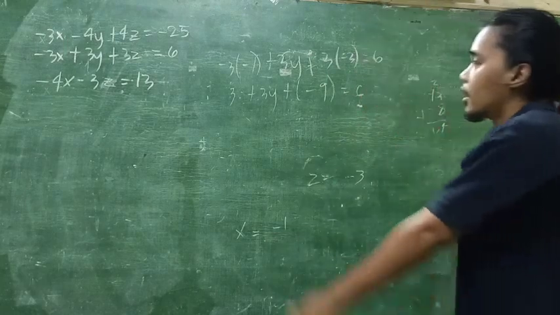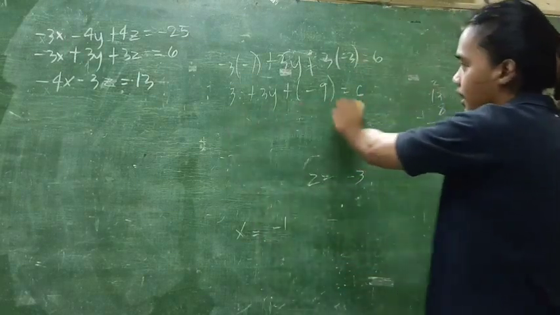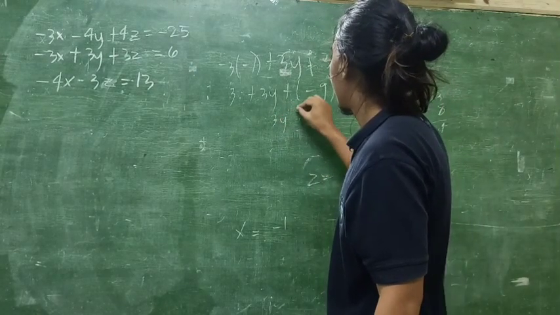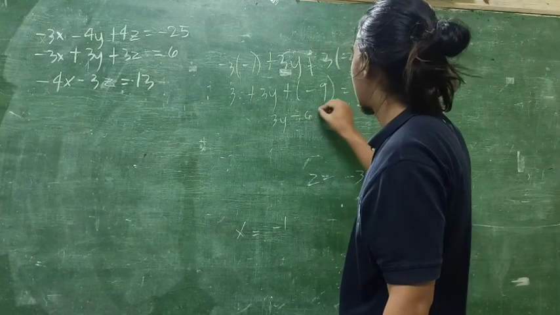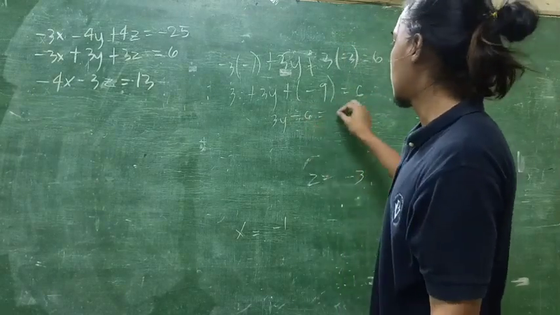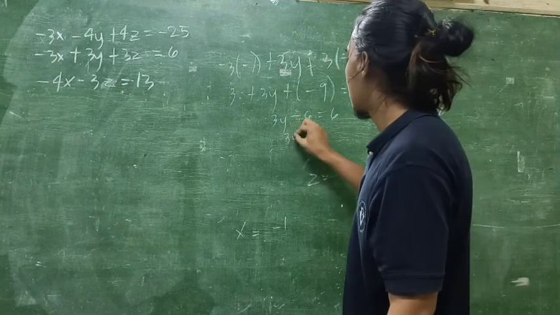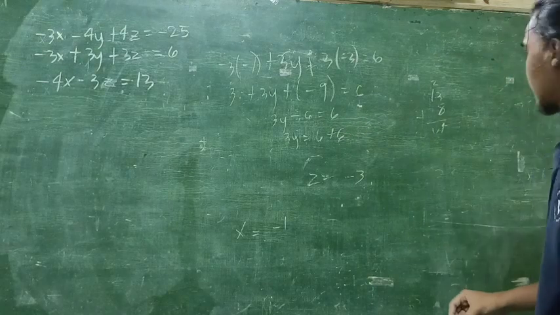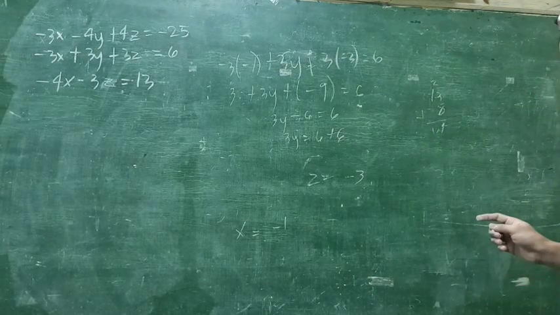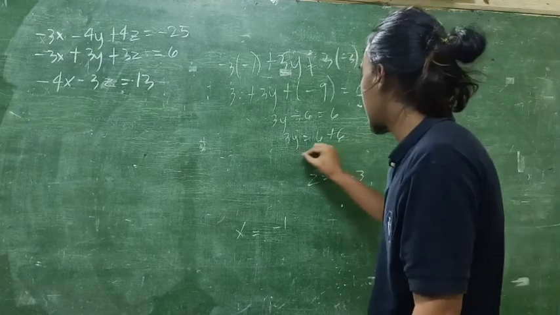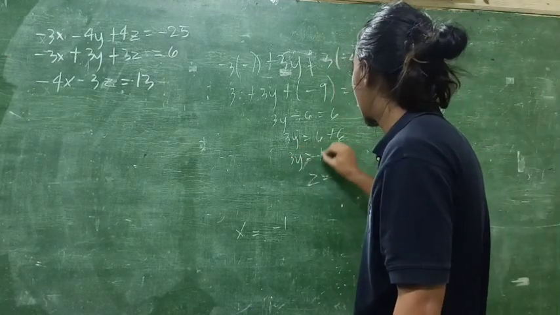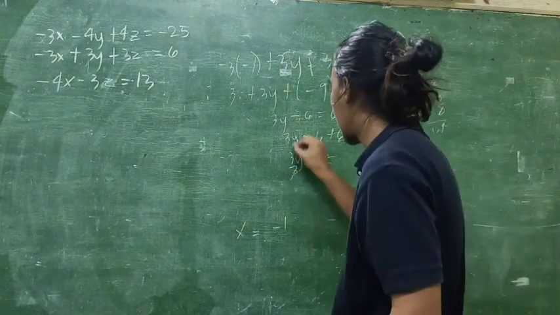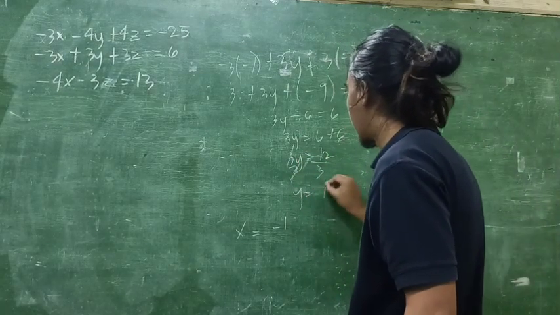So 3 plus negative 9 is negative 6. So 3y minus 6 is equal to 6. Transpose 6. 3y is equal to 6 plus 6. So 3y is equal to 12. Divide by 3, cancel. Our y is equal to 4.